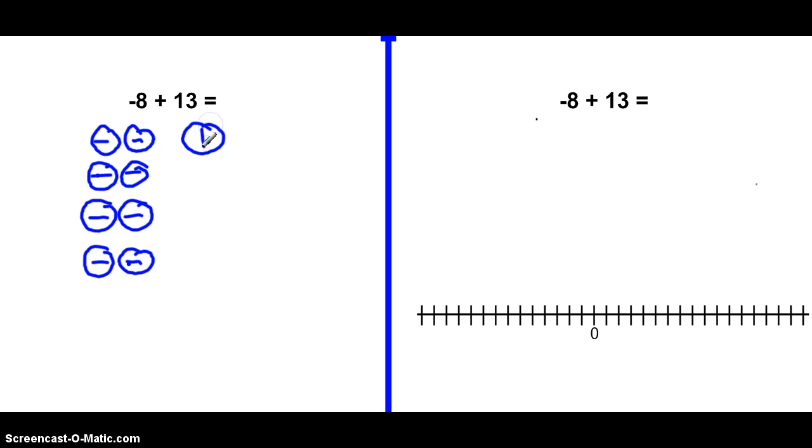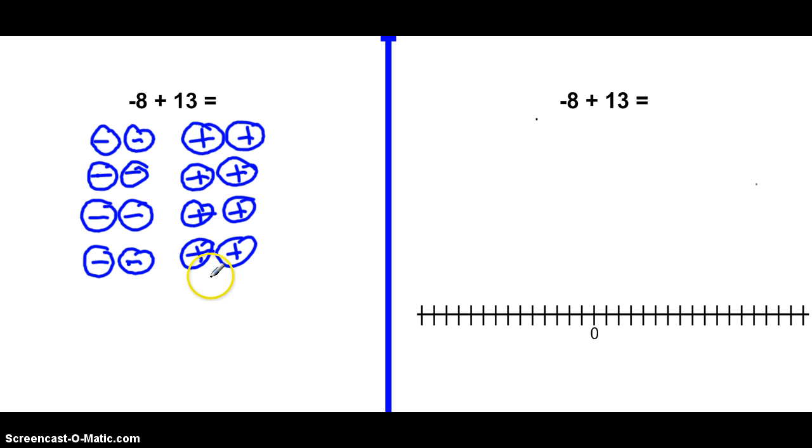So now we have to draw 13 of these. Okay. Alright, so a lot of chips to draw here.